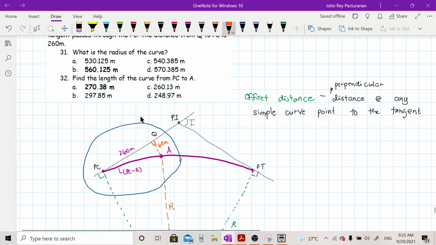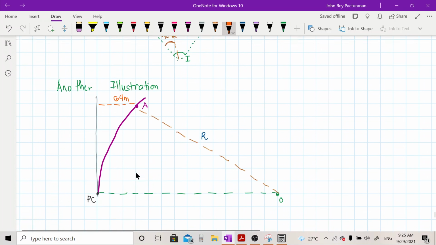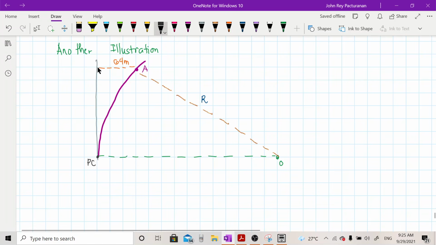And yung point Q, dito yung point Q, ito naman ay 260 meters.